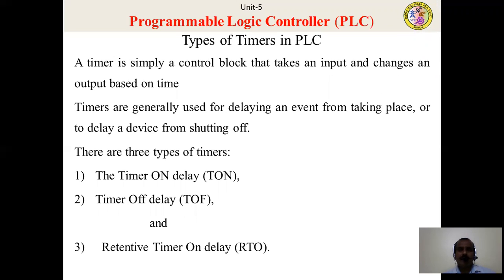A timer is simply a control block which takes the input and changes the output based on time. Timers are usually used for delaying an event from taking place or delay a device from shutting off.